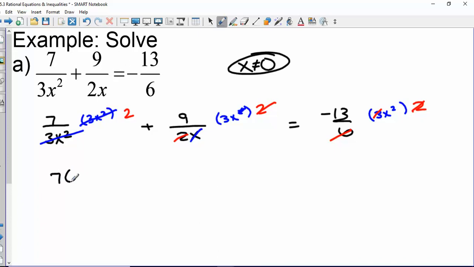So with what I'm left with, in the first term we have 7 times 2. In the second one, we have 9 times 3x. And then in the third one, we have negative 13 times x squared. So that's what we have at this point.